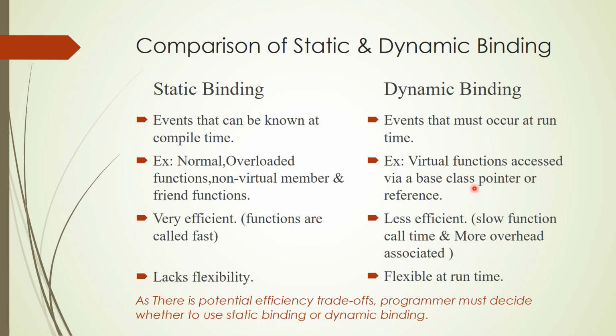Otherwise, it will not be a late bound function call. A late bound function call is less efficient because there is more overhead associated with the function call. But it is flexible at runtime. As there are potential efficiency trade-offs, the programmer must decide whether to use static binding or dynamic binding.